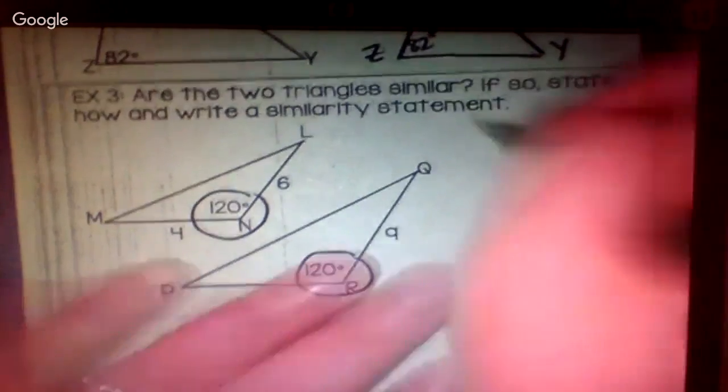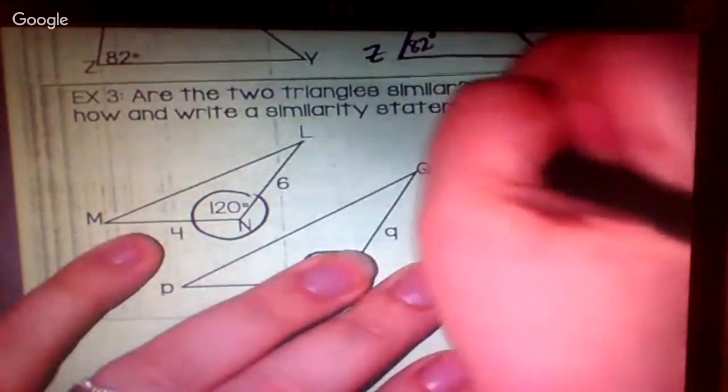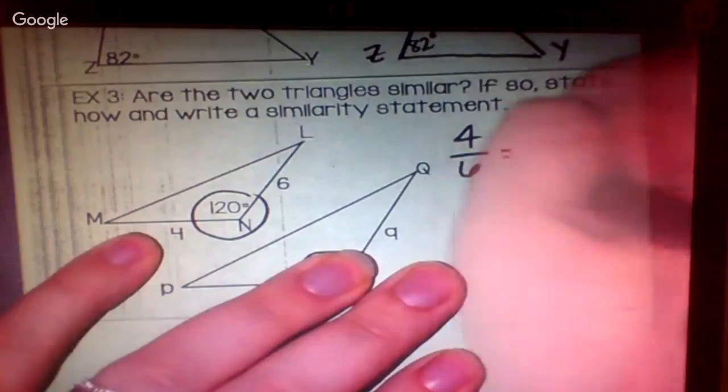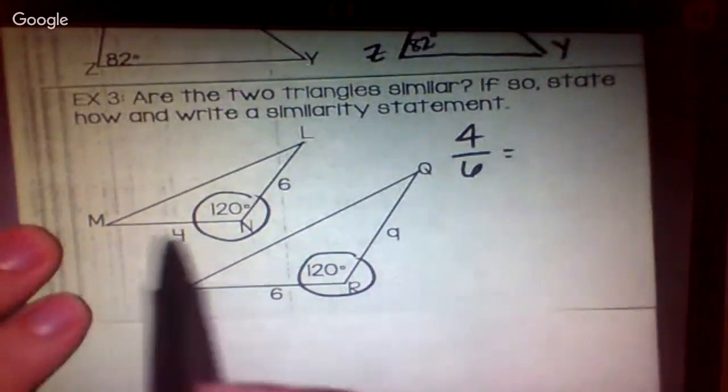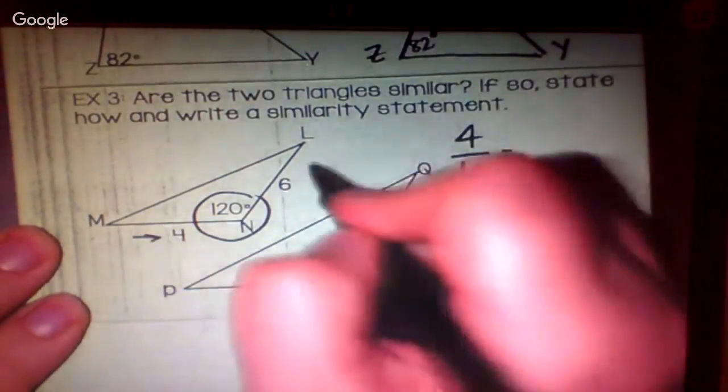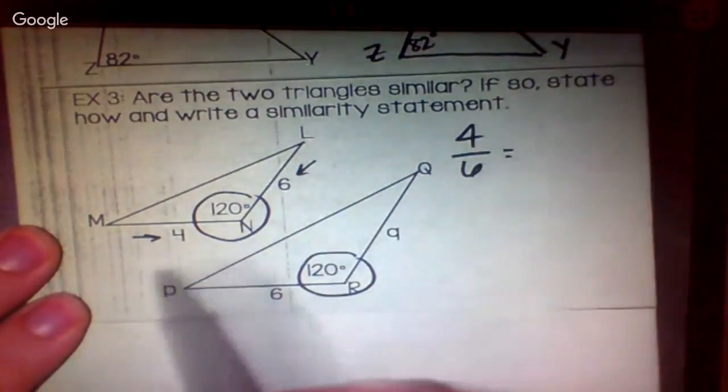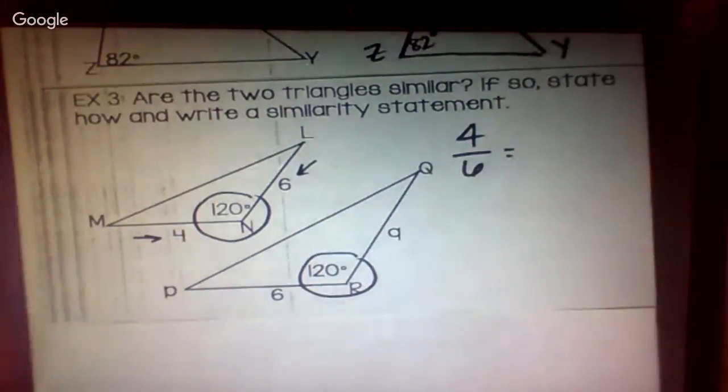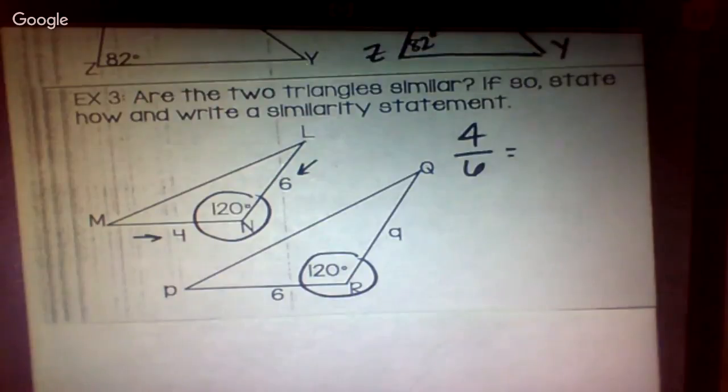So if I make this one 4/6, pay attention. You've got the 4 at the bottom, the 6 on the side. When I set up my second one, it has to go that same way. So what number goes on top of my second triangle? 6. Good. 6/9. 6 is in the bottom, 9's on the top.